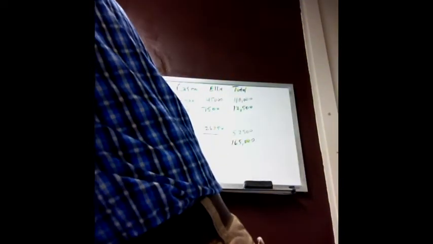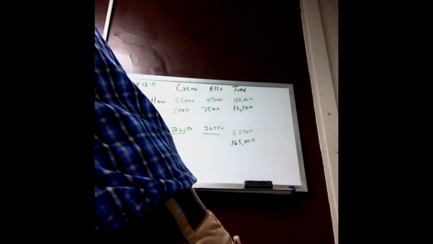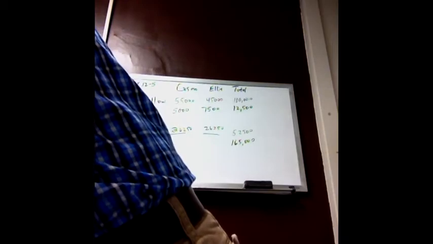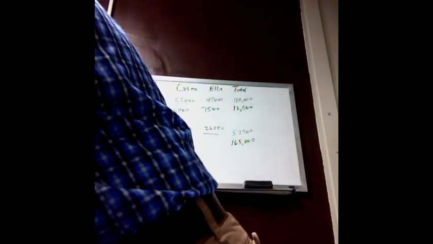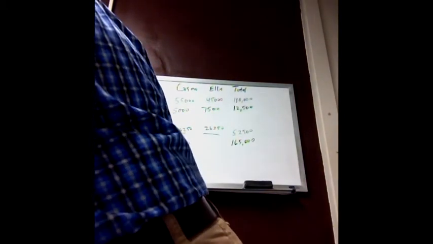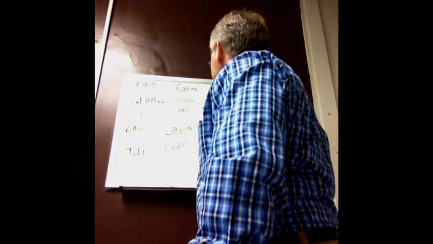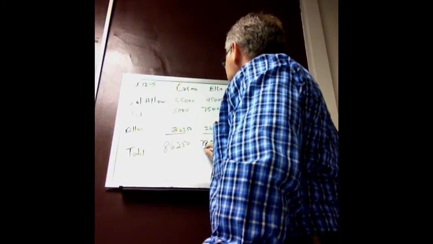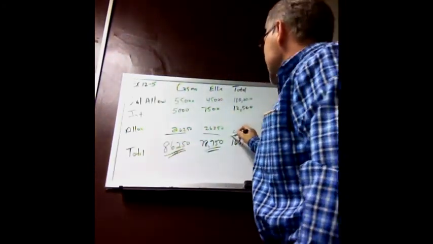And let's take a moment to run those numbers. $86,250 for Cosmos, and for Ellis we're looking at 45,000 plus 7,500 plus 26,250, 78,750. And again, both of these numbers, 86,250 and the 78,750, must add up to your 165,000.